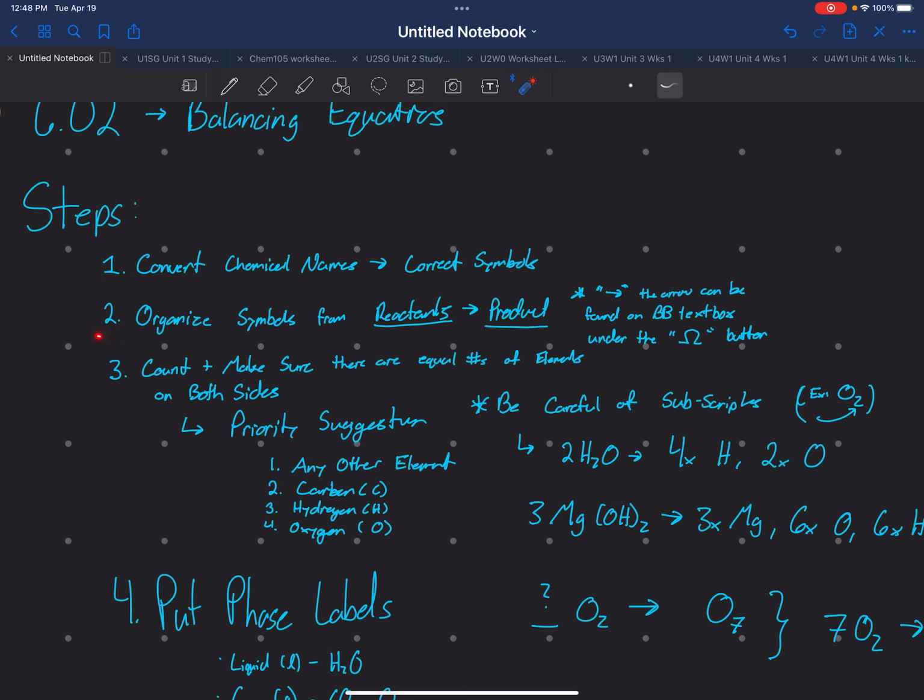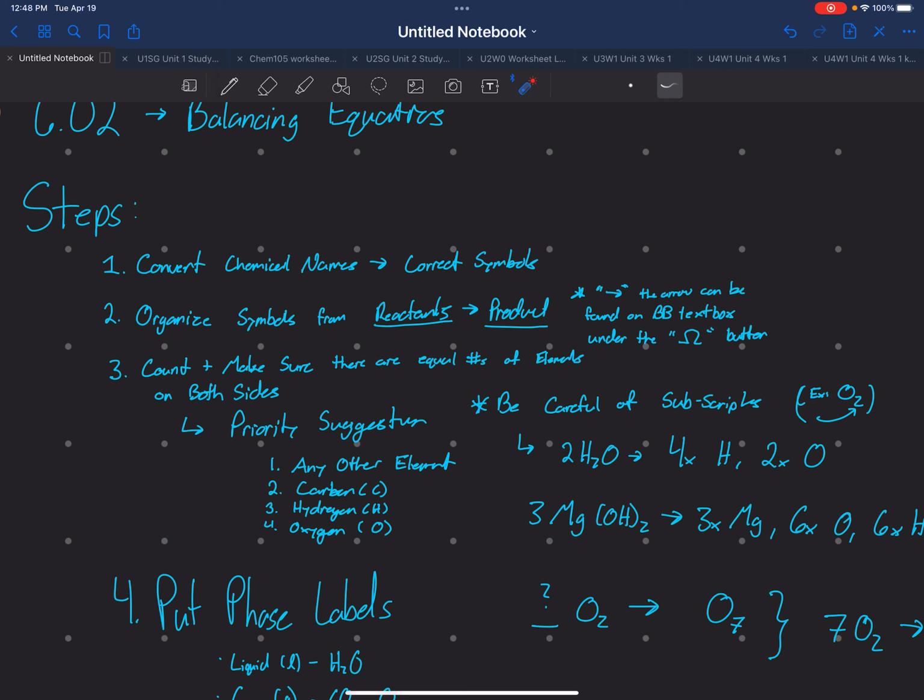All right, number 2, we're gonna organize the symbols with reactants on the left and products on the right, and then make sure we have this arrow, right? Whenever you get this question on the test, you'll have a type-in text box on Blackboard.